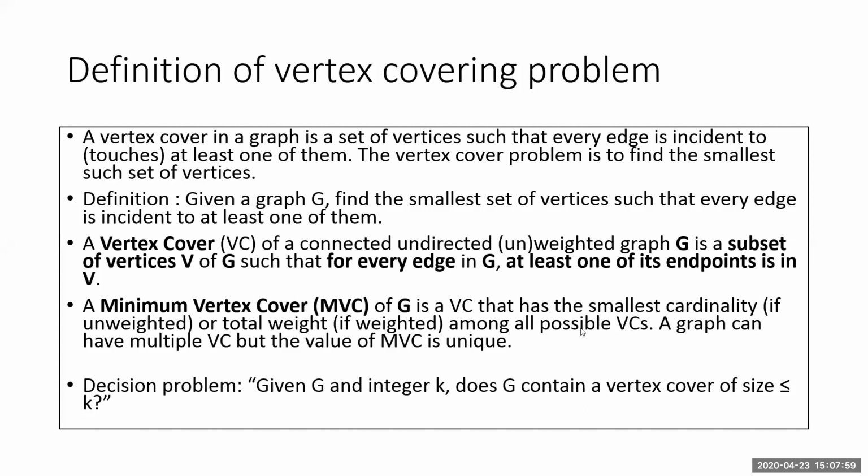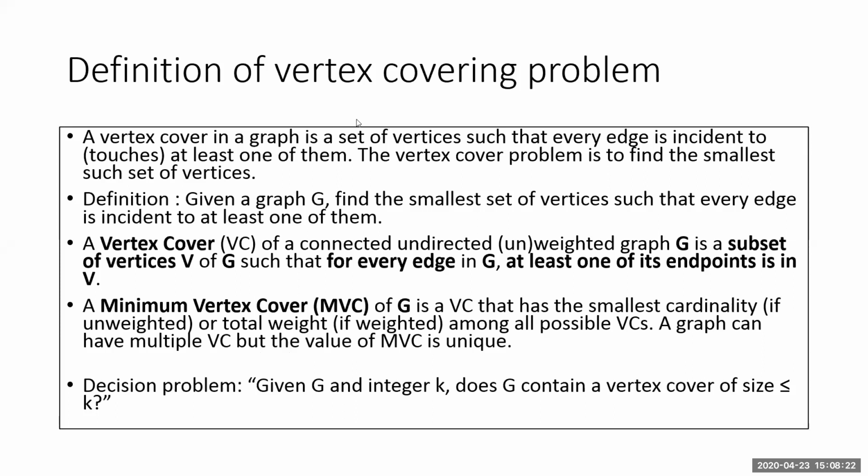For a given graph there might be many answers if I ask you to find a vertex cover, but the smallest one will be the answer for the minimum vertex cover. So a graph can have multiple vertex covers, but the value of the minimum vertex cover is unique.